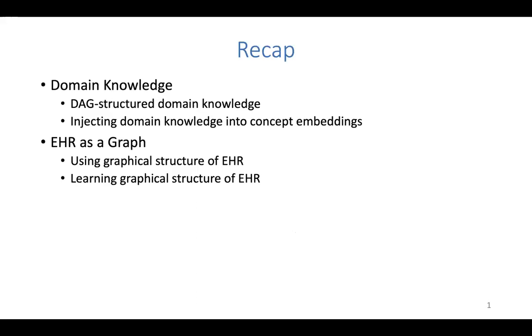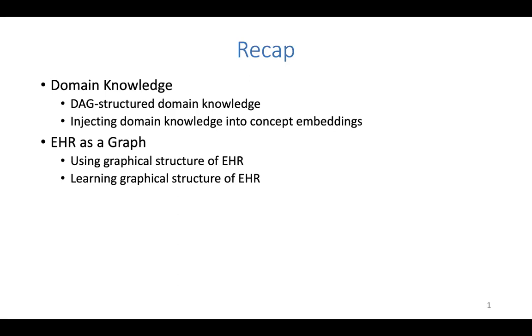All right, so recap. Last week we talked about graphs and graphical knowledge or external knowledge in the biomedical field, and how to view EHR as a graph. We saw how to incorporate DAG-structured domain knowledge into the model along with the EHR. The EHR is information from the hospital, how they treated patients over a long period of time.